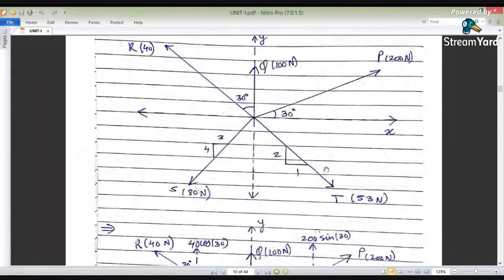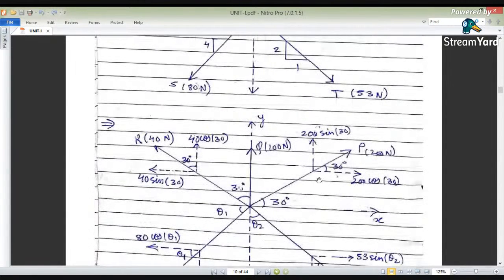Again, in the same way we will directly resolve these along the same graph. So the P force of 200 newtons we resolve as 200 cos 30 along the x direction, whereas along the y direction it is 200 sin 30. The Q force of 100 newtons is directly upwards.